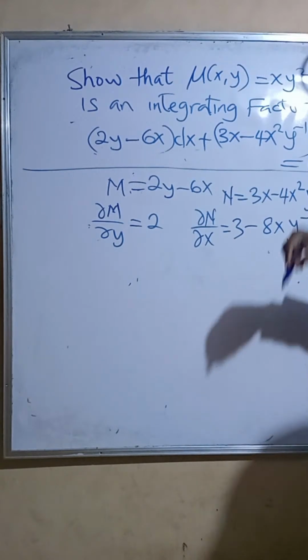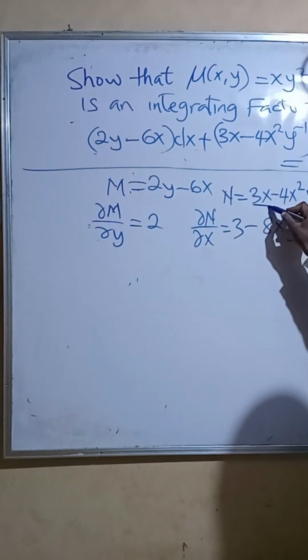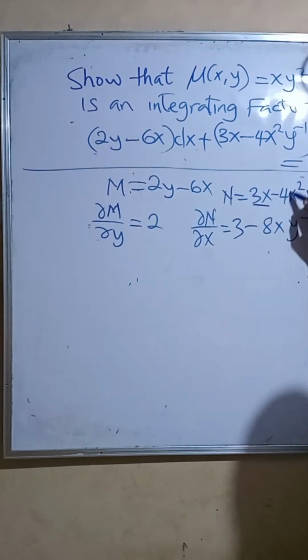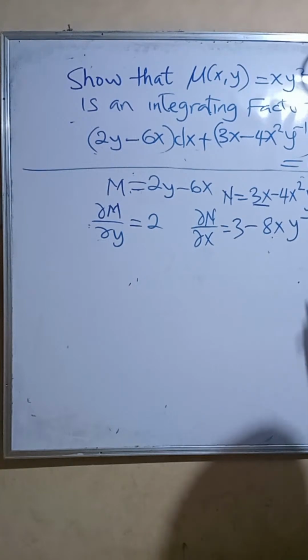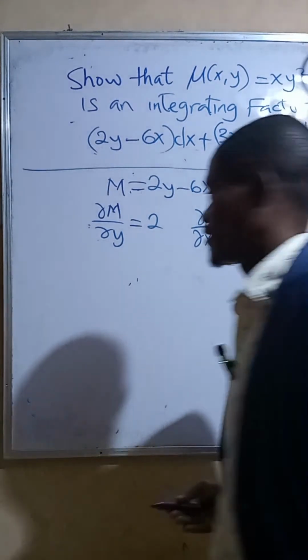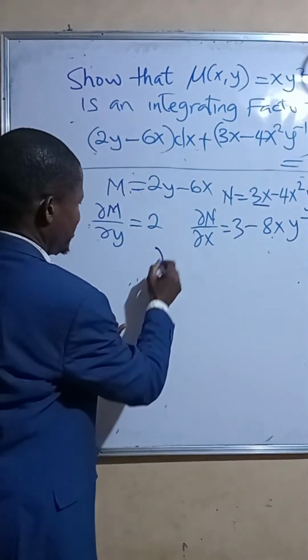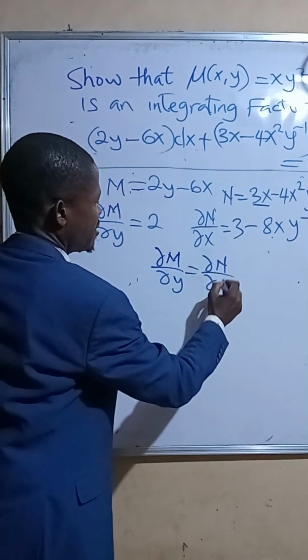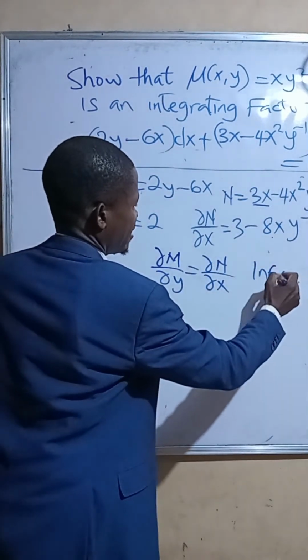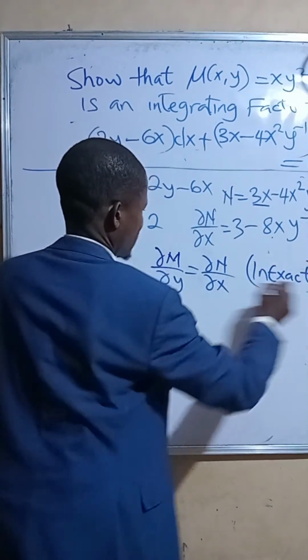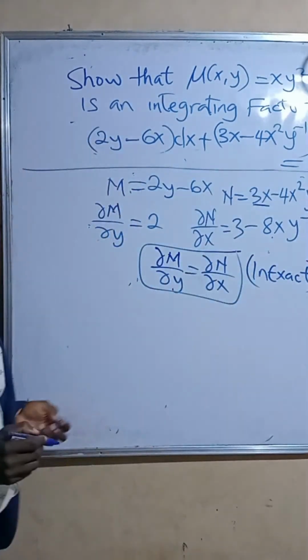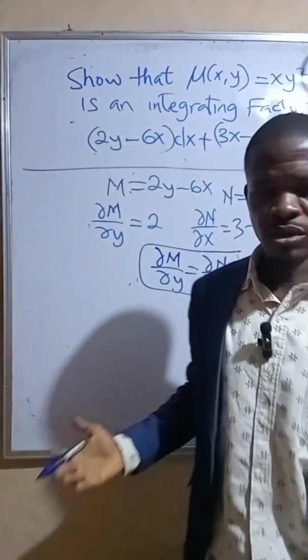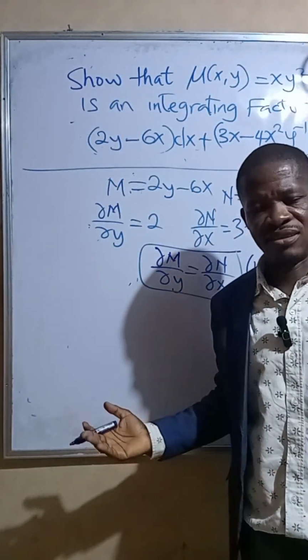You are only differentiating the x function here. Here also we have x squared, so differentiate that, and that will be 2x times 4, that's 8x, times the y to the power minus 1, which is a constant. So automatically, this is not equal to each other. This is inexact. So we have shown that truly it is inexact.